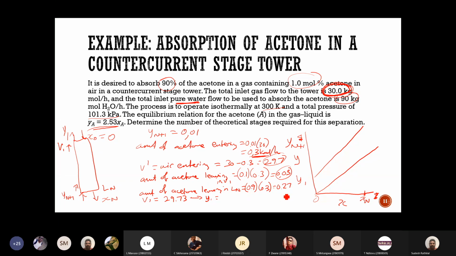Total moles is 29.73. How much of this is acetone? 0.03. So it'll be 0.03 divided by 29.73, and you get an answer of 0.00101.